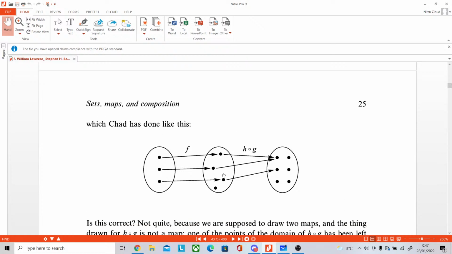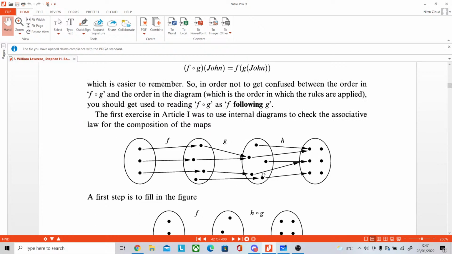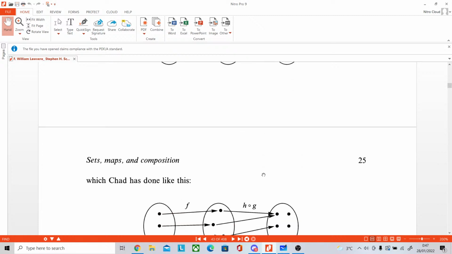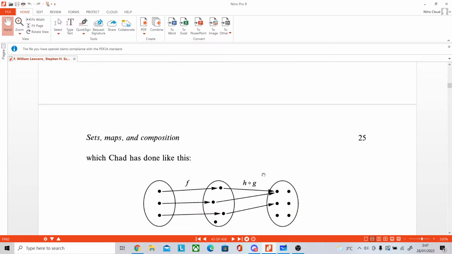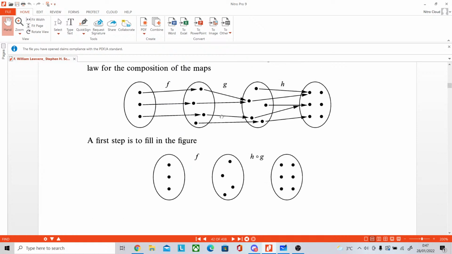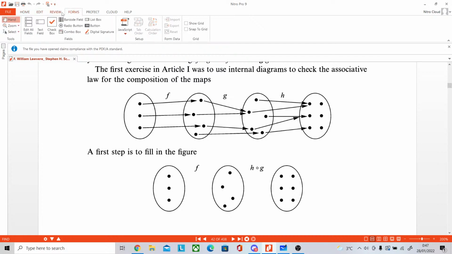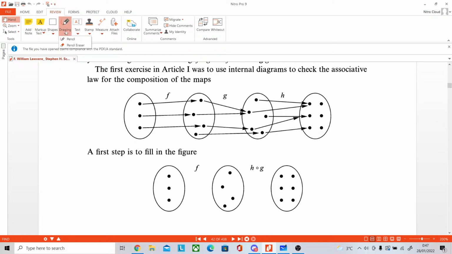Is this correct? Hold on, let's check before we see. Let's see. Did you do this right, Chad? So these three go here, and then we can write here, right? I think, hold on. Yeah. Let's do this. Right.